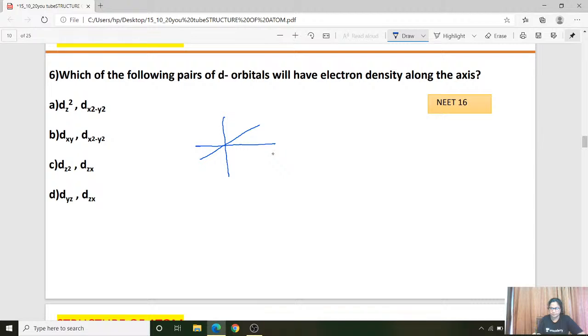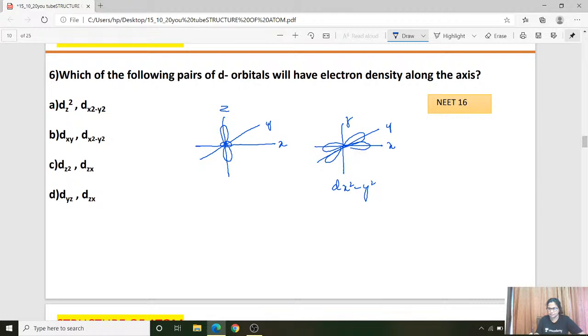If I am writing x, y, z, and I take dz square, I get electron density concentrated over the z direction, the z axis. If I take dx square minus y square, it is oriented along the x and y axes, as in the diagram you have drawn.